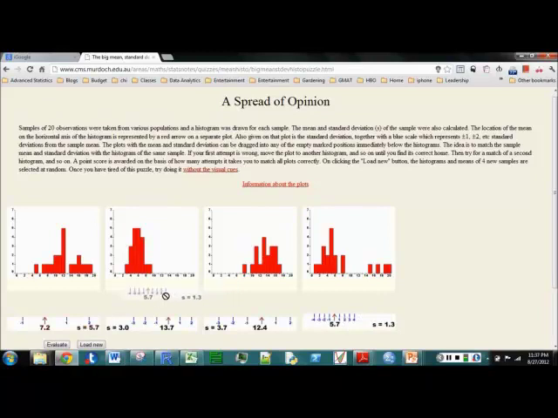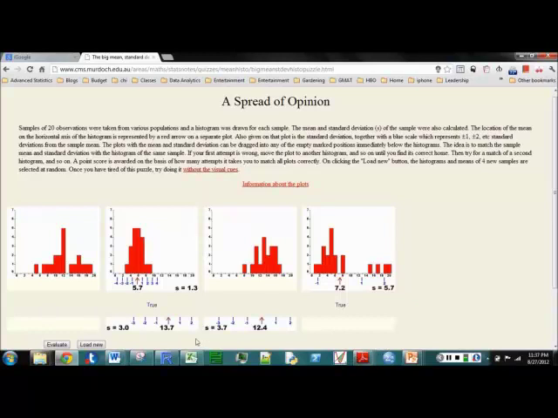Well, this looks like the only one that can have a mean of 5.7, and you can see I got that correct. And then another thing I'm going to look at here is I have one that has a standard deviation of 5.7 and a mean of 7.2. Well, this one on the far right looks to be the most spread out of the data set. That's the easy way to find that.